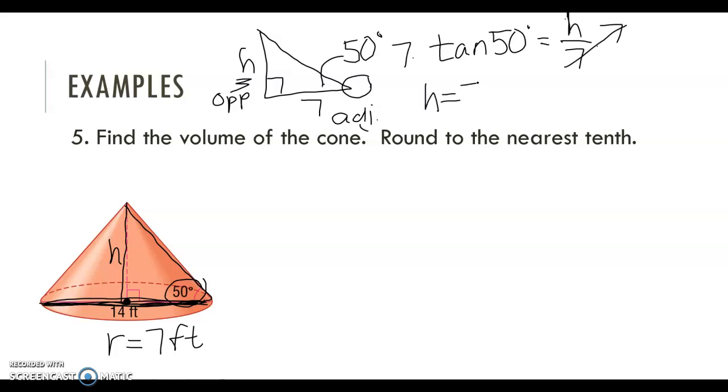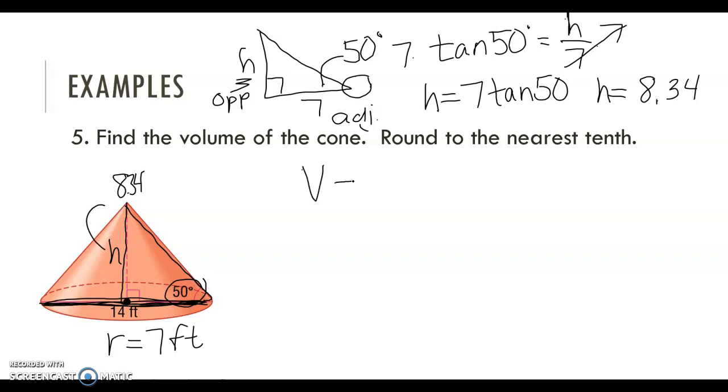So into our calculators, we are going to type 7 tangent of 50 degrees, and we are going to round that value to the nearest hundredth. So if I do 7 times tangent of 50 degrees, I get a value of 8.34 rounded to the nearest hundredth. And that's now what I'm going to use as my height in my formula.